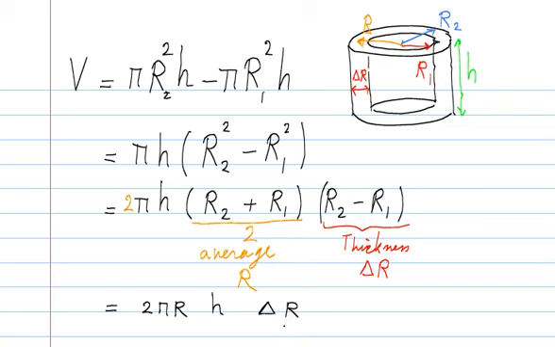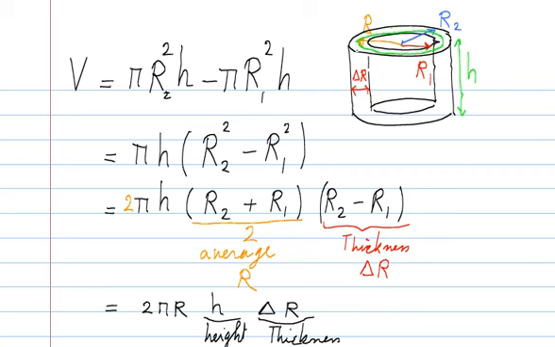Let's understand the meaning of each of these things. Well, this one, we say, is the thickness. That's just the height of the cylinder. 2 pi r is going to be the size of the circle that is halfway between these two circles.